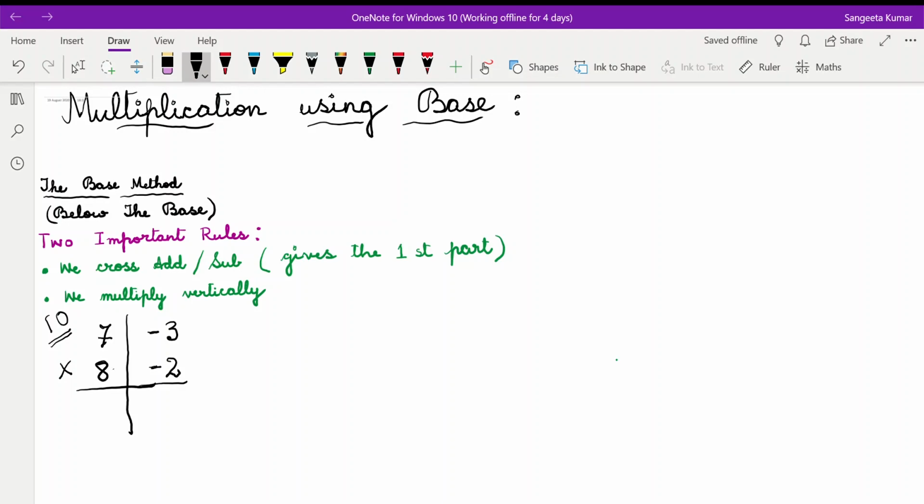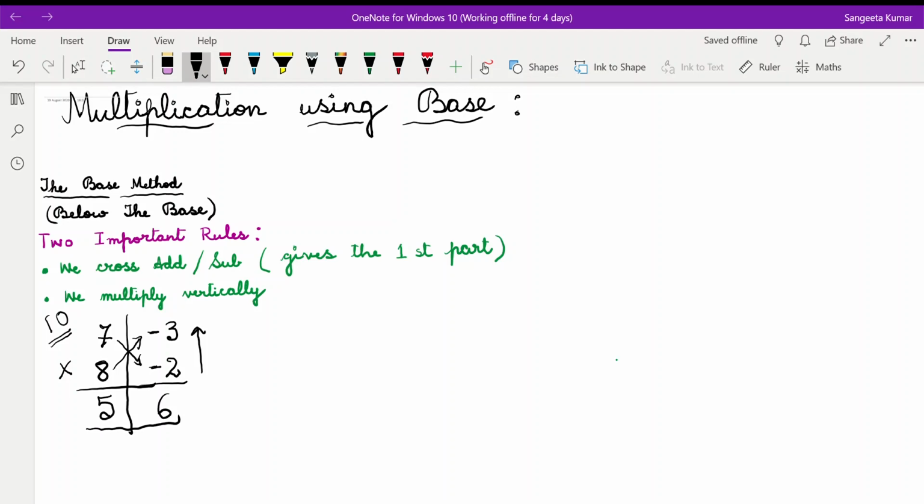Since here we have written minus, we subtract. The second rule is we multiply vertically. These two differences are multiplied, so 2 into 3 is 6. So our answer is 7 multiplied by 8 is 56.